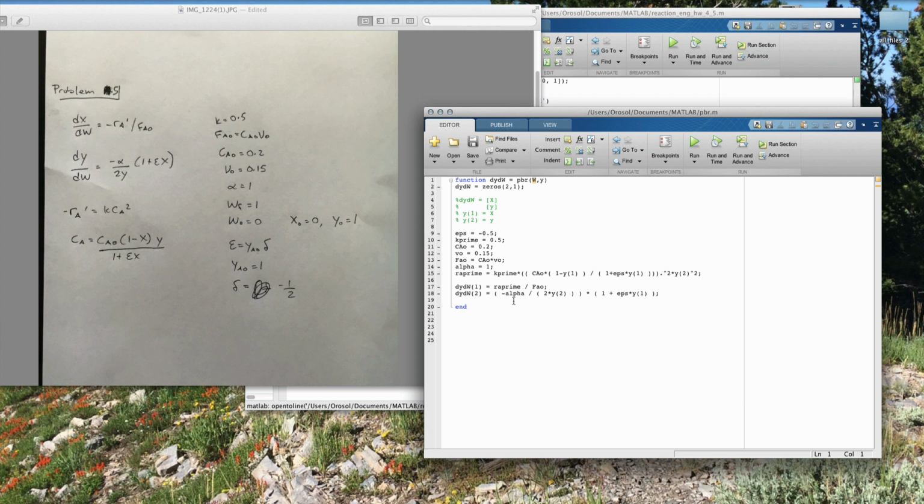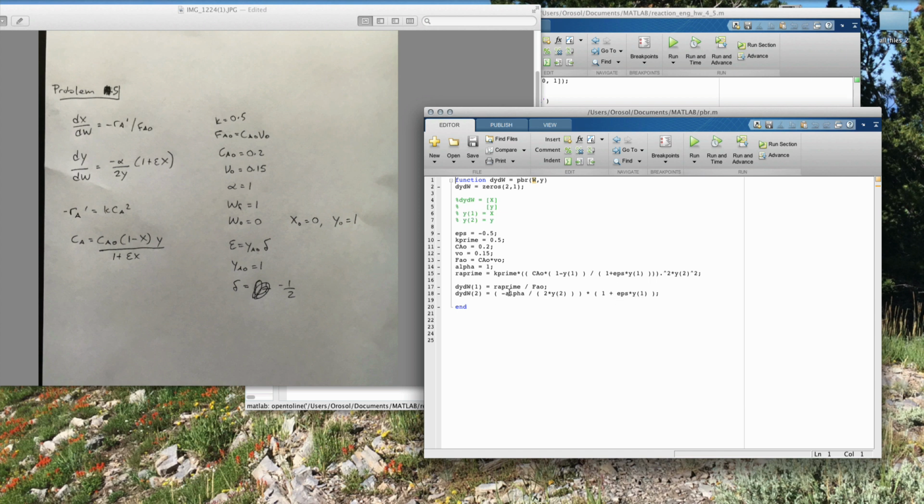And then the same thing down here, so the dy dw, and I have minus alpha over 2, and then that's y multiplied by 1 plus epsilon x.